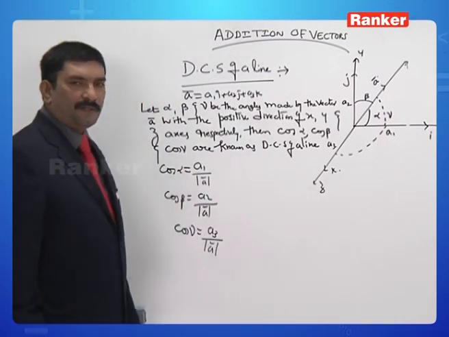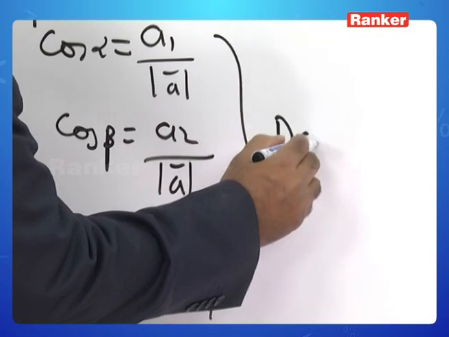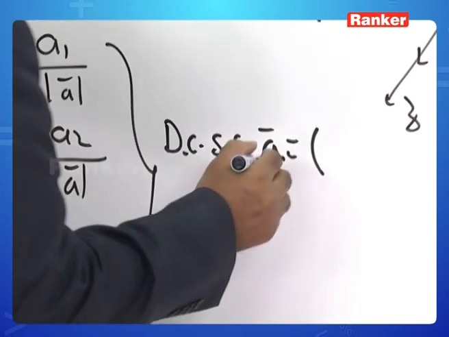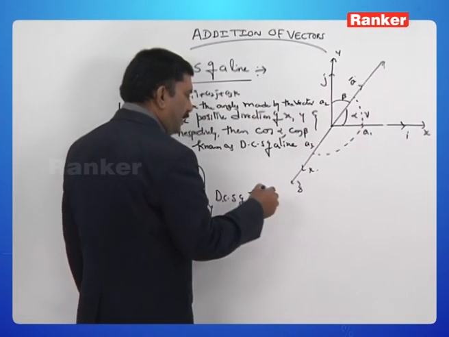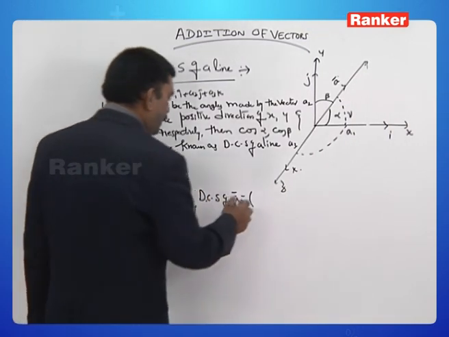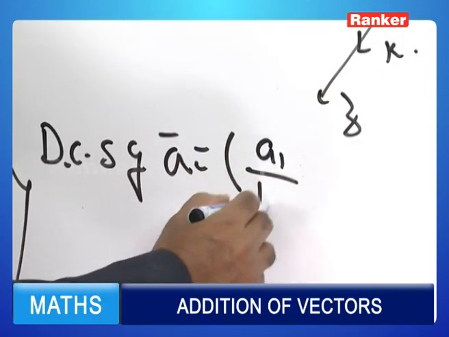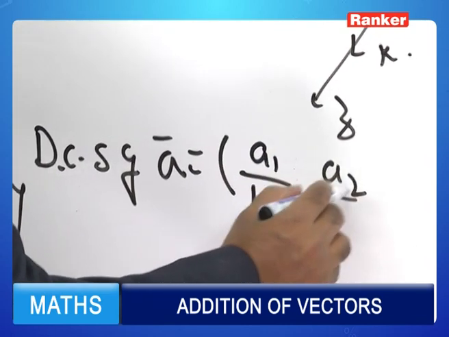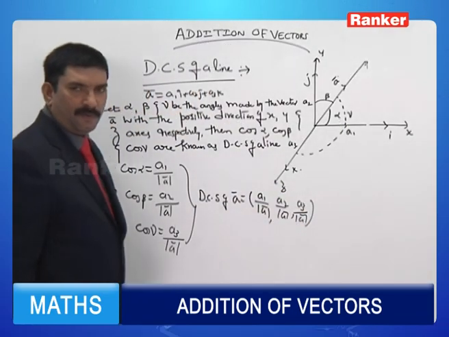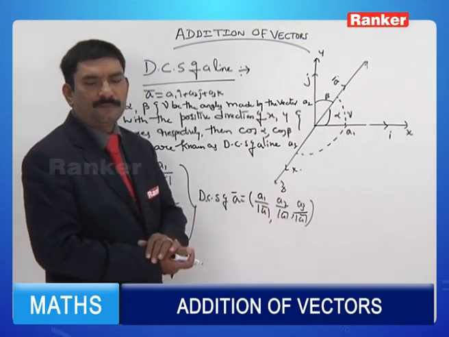So therefore, these are the DCs of a line. I can write the DCs of A bar as nothing but cos alpha, cos beta, cos gamma. Instead of cos alpha, cos beta, cos gamma, I can also write A1 by modulus of A, A2 by modulus of A, A3 by modulus of A. Followed?